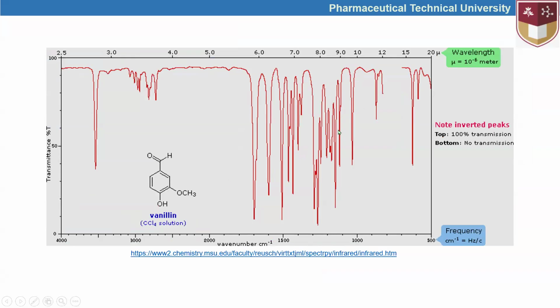When we obtain the IR spectrum of different compounds, we might have something like this. This is the IR spectrum of vanillin that has a structure like this, where we can find an aldehyde group, hydroxyl group, or oxymethyl group, something like that. So it has many functional groups, OH.